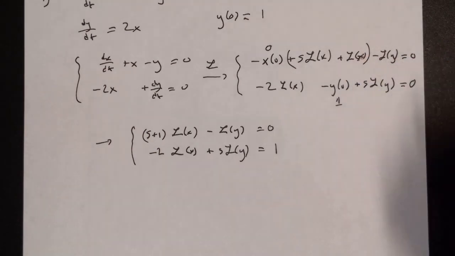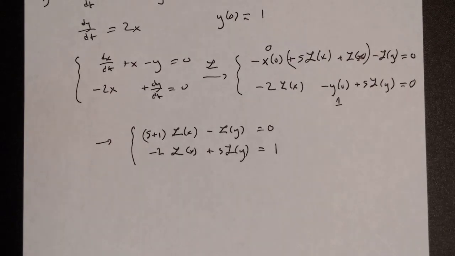This is the Laplace transform of y. Forget the fact that it's the Laplace transform: s plus 1 times thing 1 minus thing 2, minus 2 thing 1 plus s thing 2. If they were A and B, this is regular ordinary simultaneous equations.